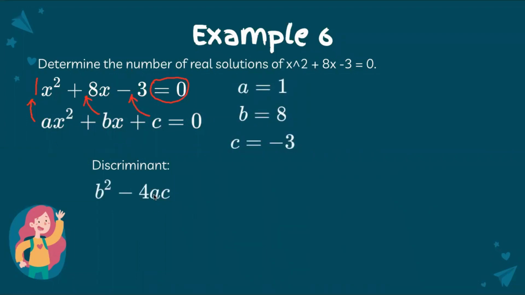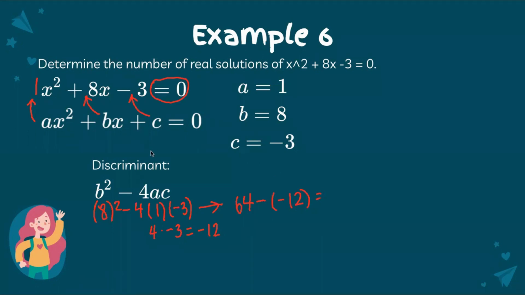Now our discriminant is b squared minus 4 times a times c. So b squared, our b value is 8, so that would be 8 squared minus 4 times our a value, which is 1, and our c value, which is negative 3. This would just simplify to 64 minus 4 times 1 is just positive 4 times negative 3, which is negative 12. So this would be 64 minus negative 12.